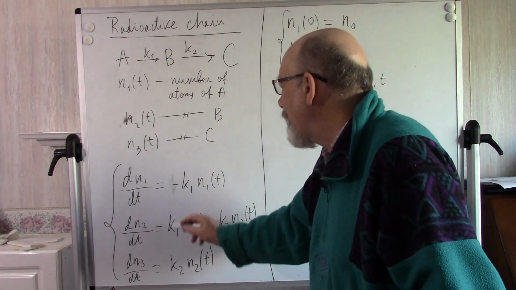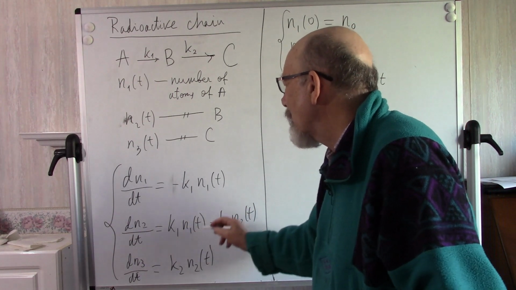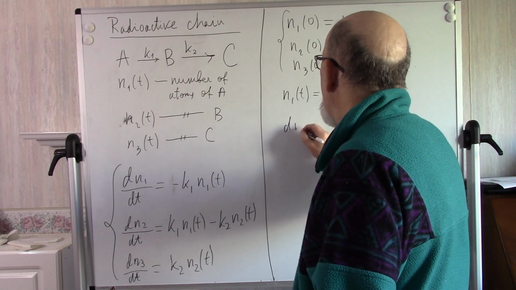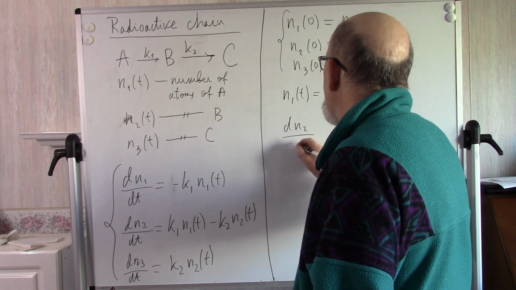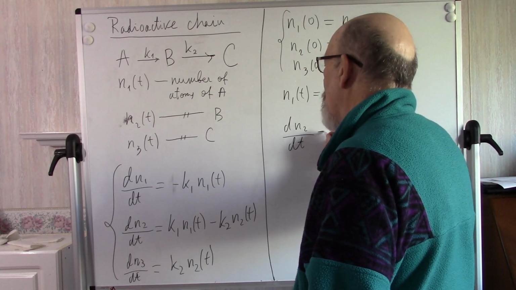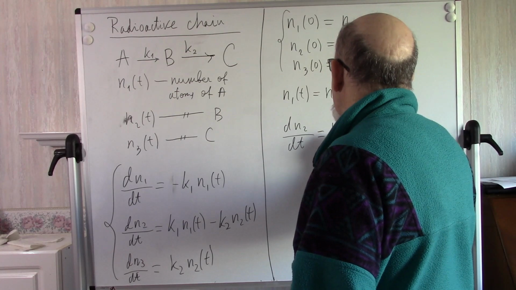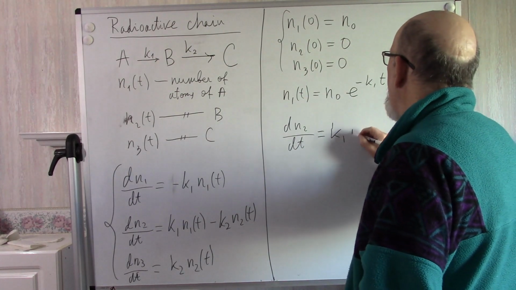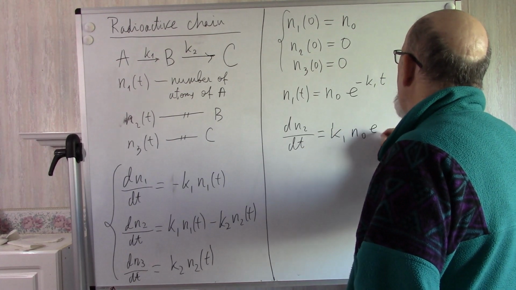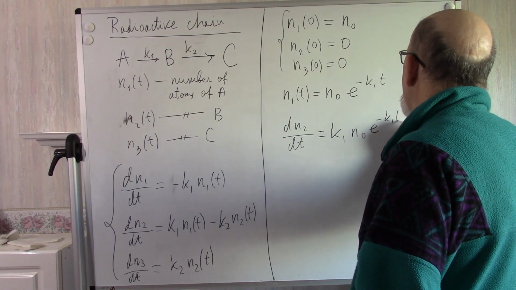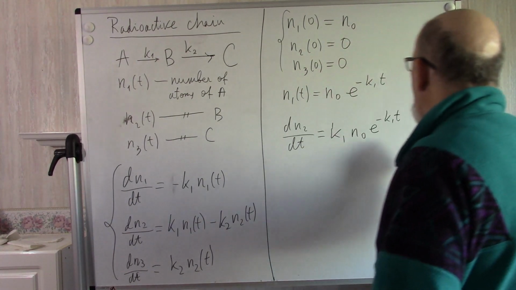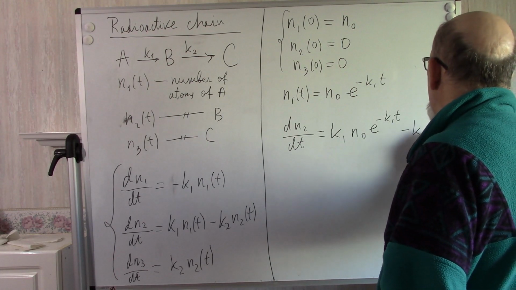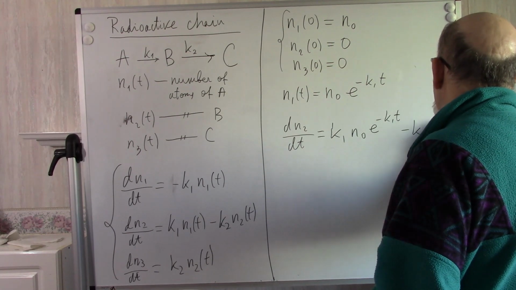Now what about N2? We have already found N1, so we can write dN2/dt equals k1 N0 e^(-k1 t) minus k2 N2(t).